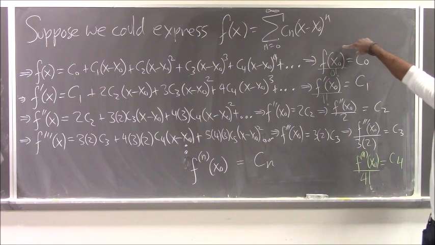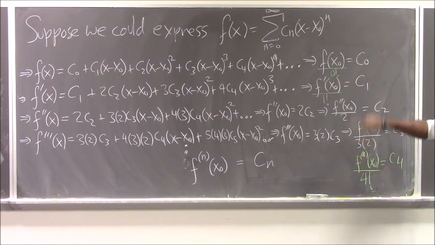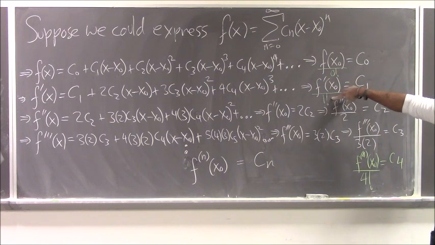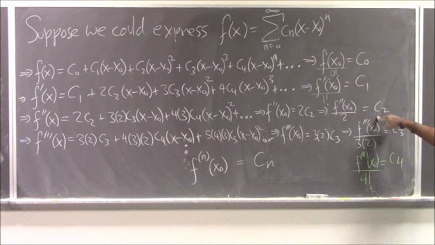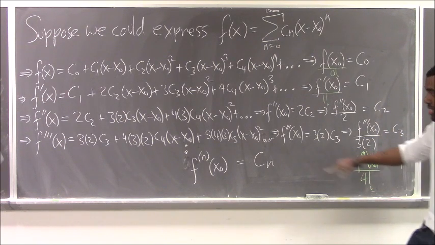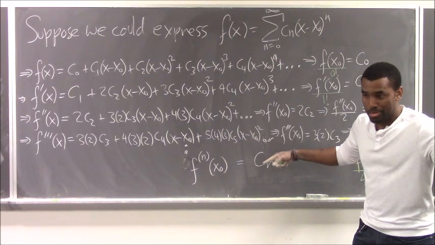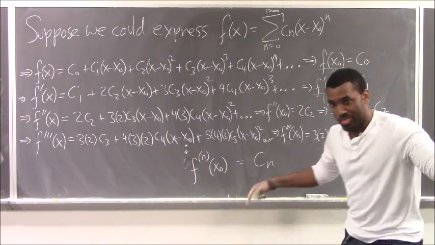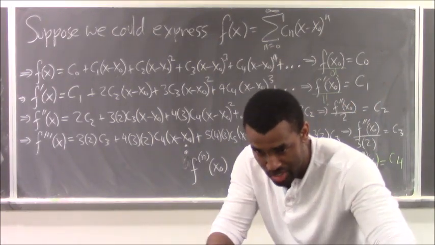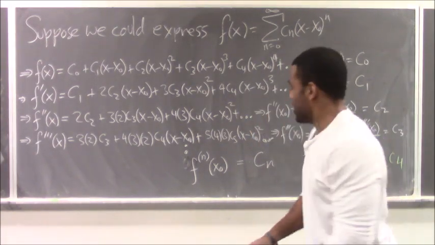So the original function is the 0th derivative. C sub 0 is the 0th derivative over 0 factorial. C sub 1 is the first derivative over 1 factorial. C sub 2, second derivative over 2 factorial. C sub 3, third derivative over 3 factorial. C sub 4, fourth derivative over 4 factorial. So C sub n is the nth derivative over n factorial. Okay, thank you, Evan.